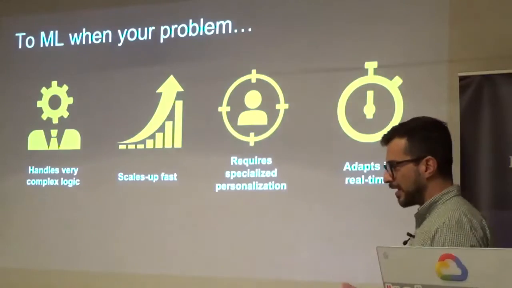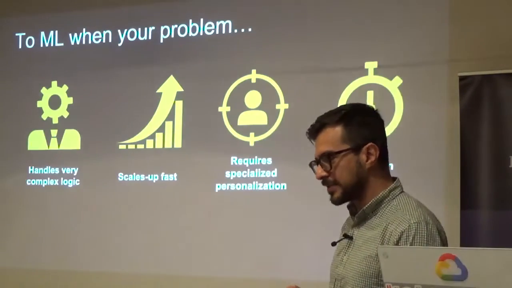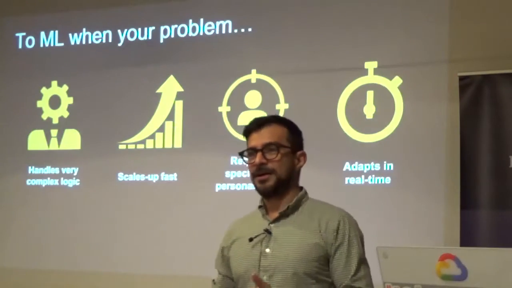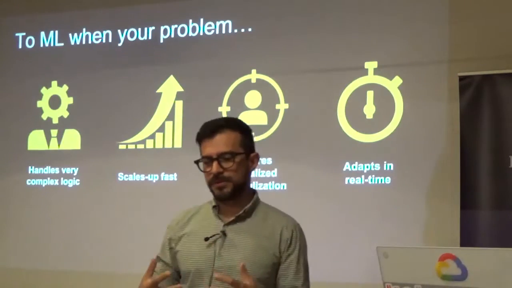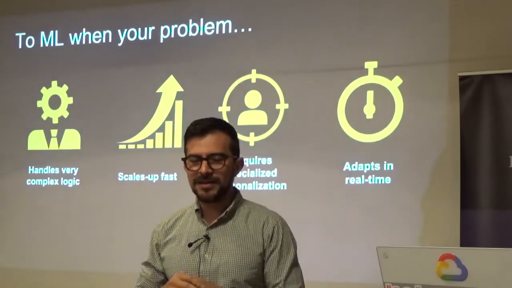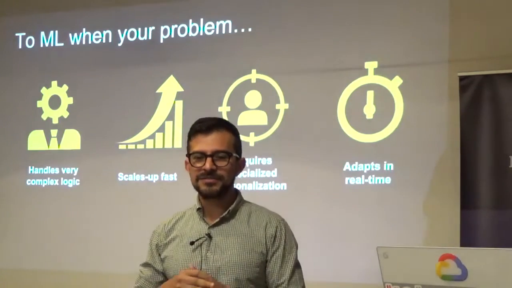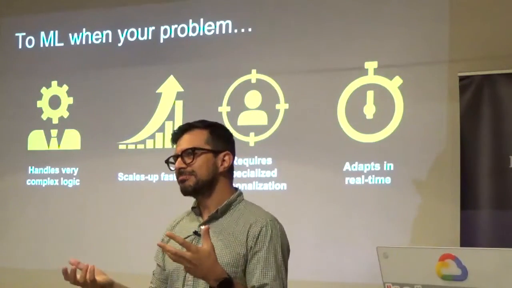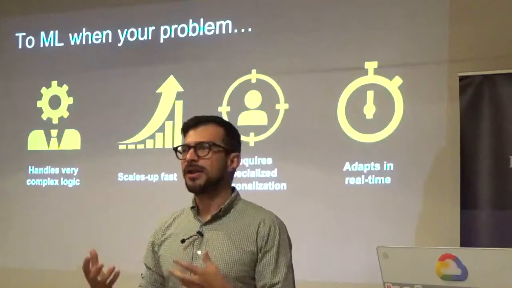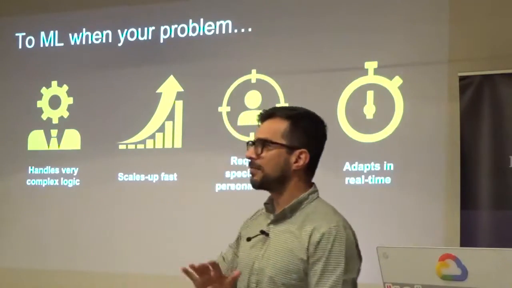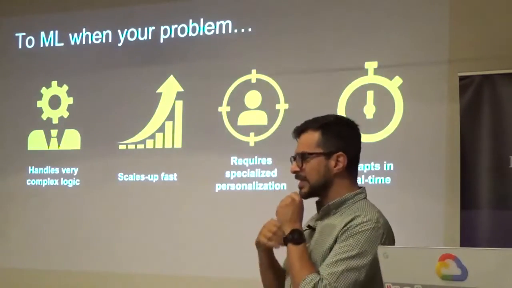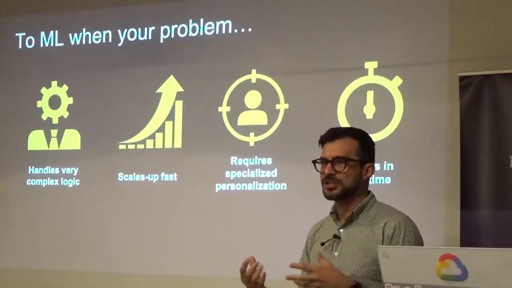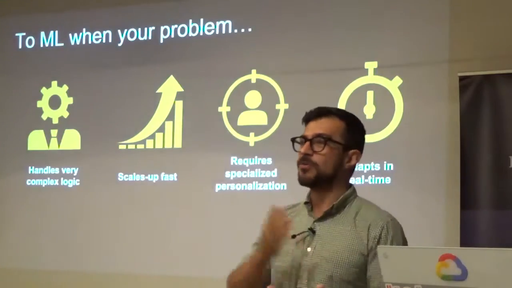And the other one, and I think that's one of the most important, is: is your problem going to be changing across time? If whatever problem you're trying to solve is not going to change from today to next year, and it's not very complex, you may not want to use it. But let's say you have a problem that is very complex, may need to scale up really fast, requires specialization, and could change from one day to the next.